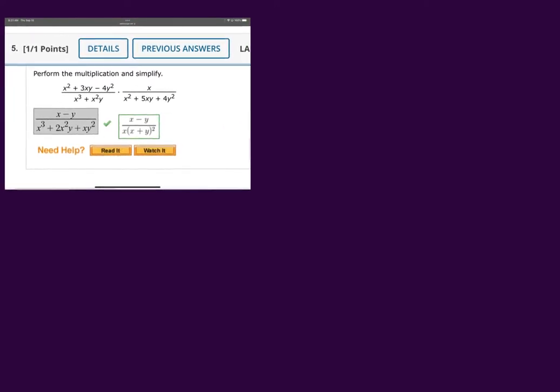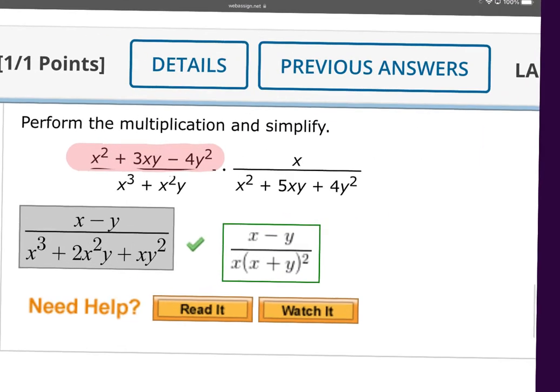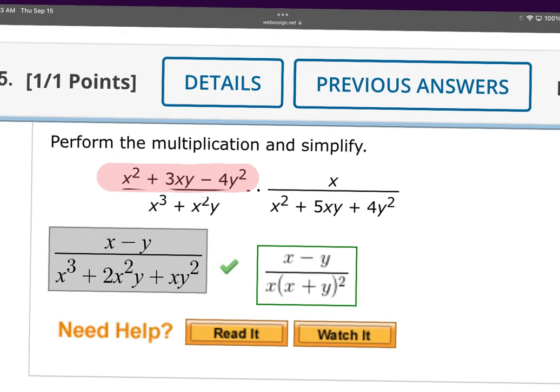Okay, this is 5. Now we're doing multiplication. So we're going to keep the order, but we're going to go through and factor each part. The top left one, there's a variable at the front and the back, right? But no other terms. So I'm basically looking for the factors of negative 4 that sum to positive 3, but I have to add the y at the end for the last variable.